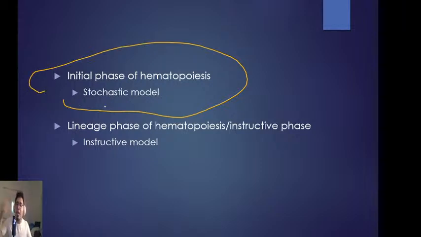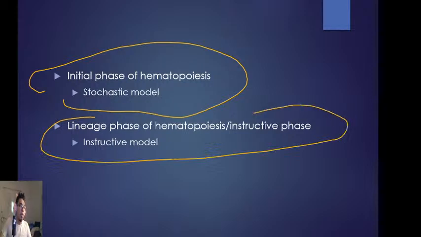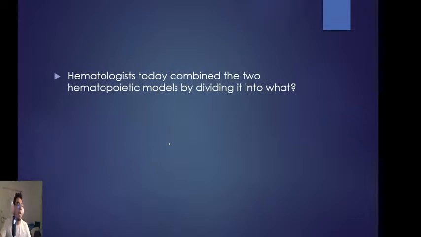At the very start, stem cells will just keep on randomly producing until such time that the body itself is capable of producing certain biochemical markers. And then when it goes to the lineage phase, it undergoes the instructive model. So those are the two types of hematopoietic models, and they combined them together.